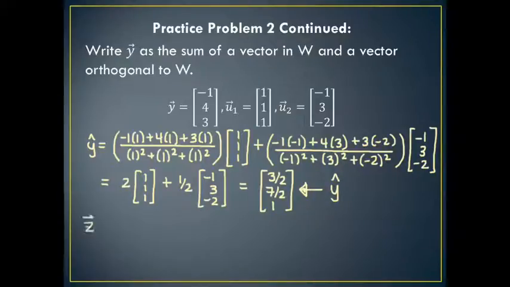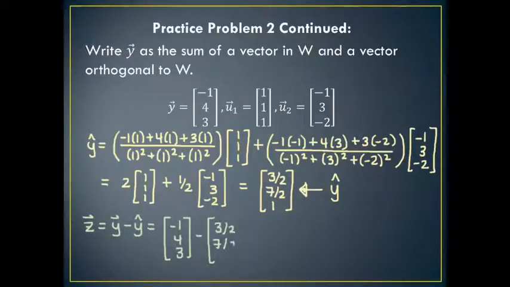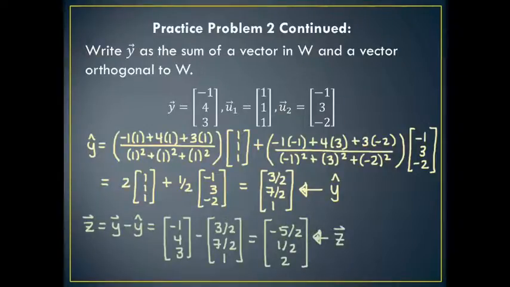Okay, now we want z, and z equals y minus y hat. So we have y is negative 1, 4, 3, y hat is 3/2, 7/2, 1. So that gives us negative 5/2, 1/2, and 2. So now we have y hat and we have z, and our goal is to write y as the sum of a vector in W and a vector orthogonal to W. So y equals y hat plus z.